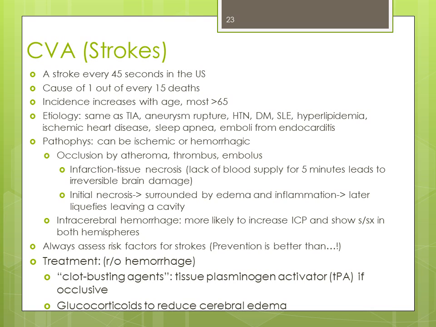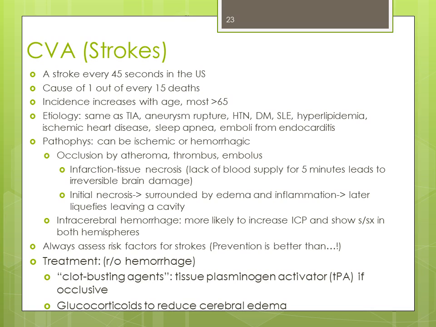Hypertension is going to increase the risk, diabetes mellitus, systemic lupus erythematosus, or lupus in general, the autoimmune condition, hyperlipidemia, ischemic heart disease, sleep apnea. If somebody has endocarditis, which is an infection of the interior lining of the heart where they can get those accumulations on the valves, one of those can embolize into the brain. So there's a lot of different things that can cause strokes.